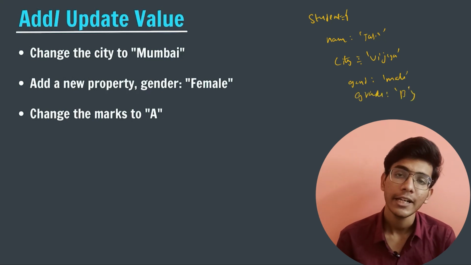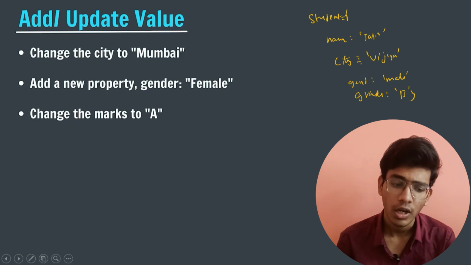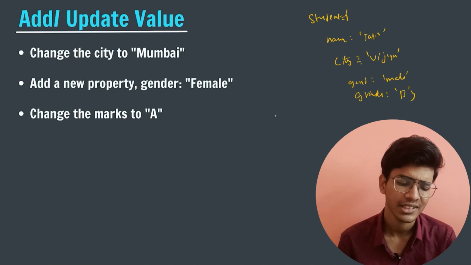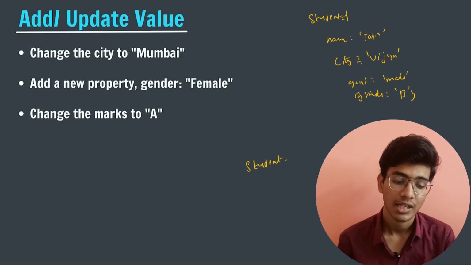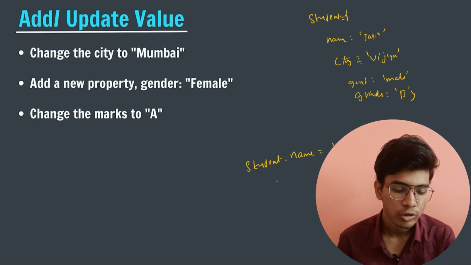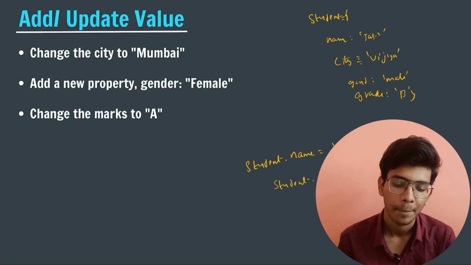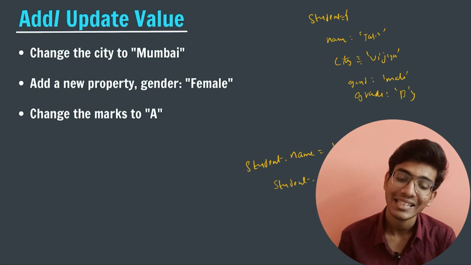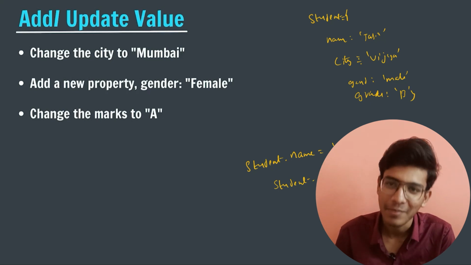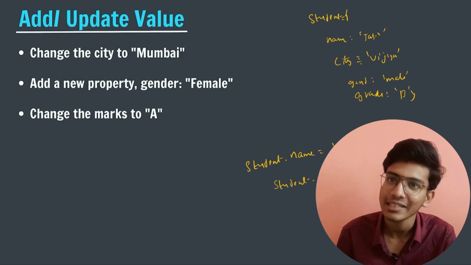Now to update a particular key value pair, first of all we will write the object name dot the value we want to change. Let's say I want to change the name from Jabir to Sana. After that I will give student dot gender equals to female. Like this I can directly update the values of a particular key value pair.